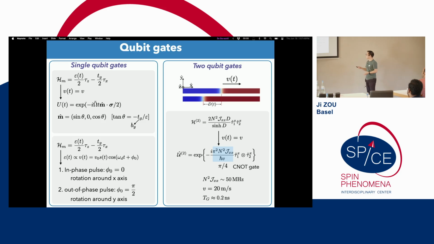Just to give you some numbers: when the interaction strength is around 50 megahertz, and the velocity we need is about 20 meters per second, the corresponding gate time is in the sub-nanosecond regime, which is pretty fast. And I also want to point out that here is just some simple math, but we also did the DMRG real-time simulation for two quantum spin chains, but I didn't show it here. If you're interested in that, you can check out our arXiv paper.